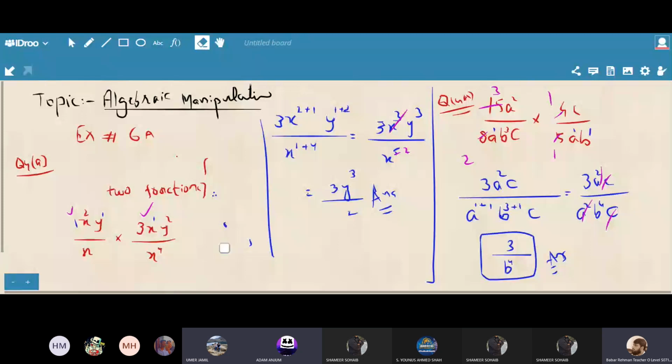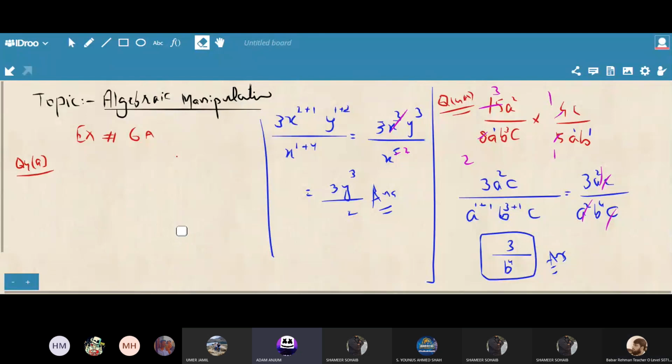Sir, the answer at the back of question 4 is 3 upon 2 b to the power 4. So what I have written? 3 upon b to the power 4. Is his answer correct or not?